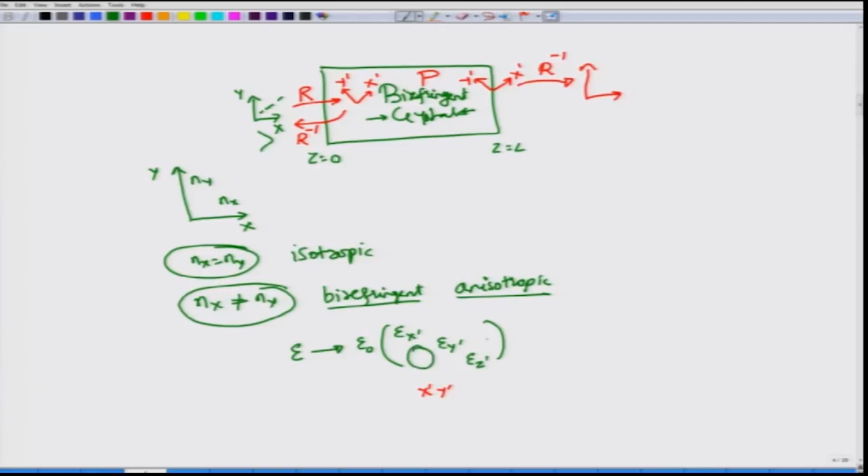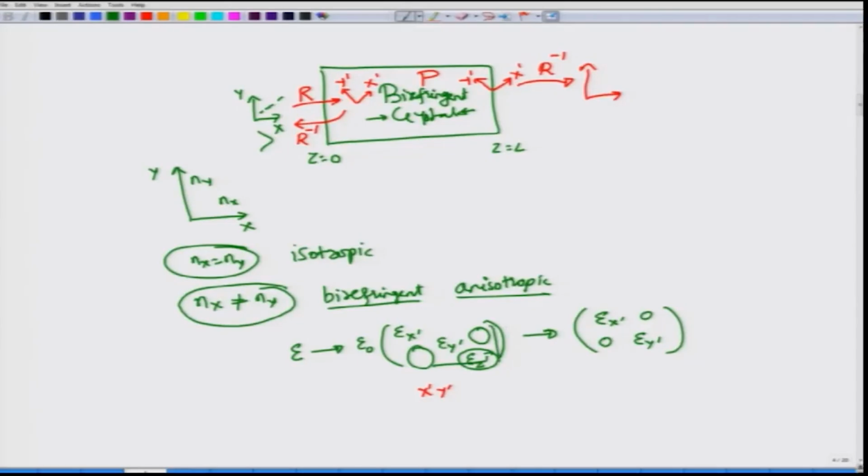So, this is 0, this is 0, which means that this is a diagonal matrix with x prime and y prime being different, and z prime really is not of our concern. So, we do not worry about that one, but the other two off-diagonal terms are 0. So, you are essentially looking at epsilon x prime, 0, 0, epsilon y prime as a sub-matrix, because the wave is propagating along z, and therefore I do not need to know the other row.